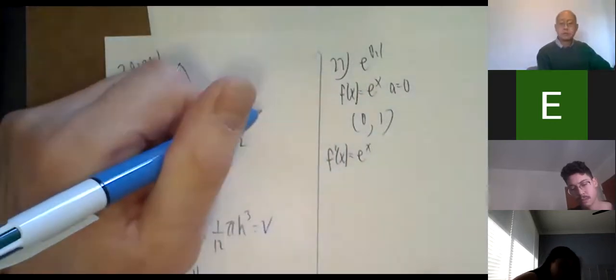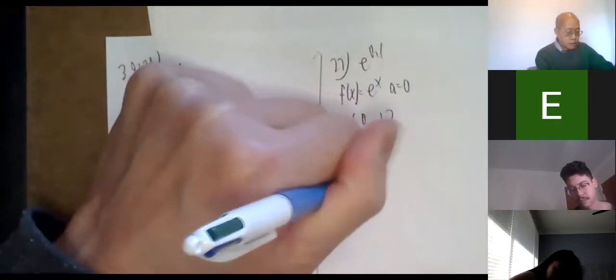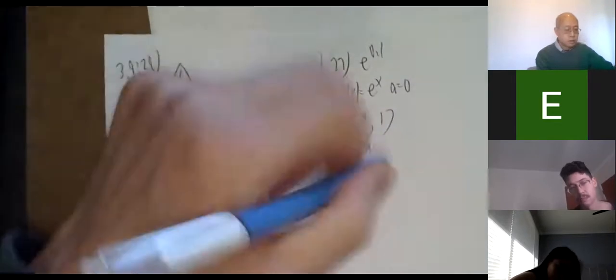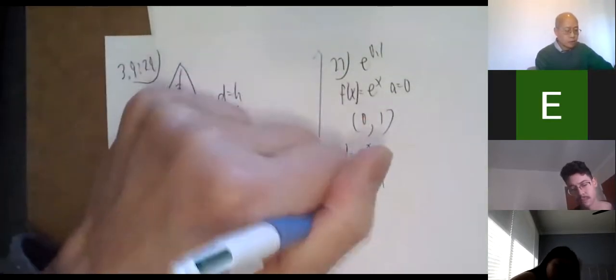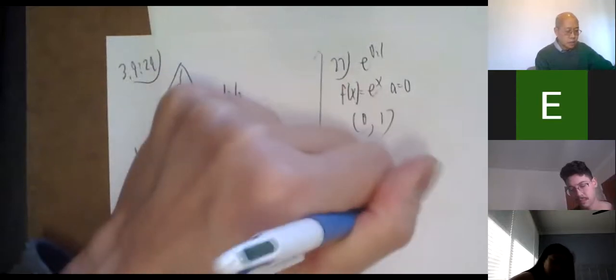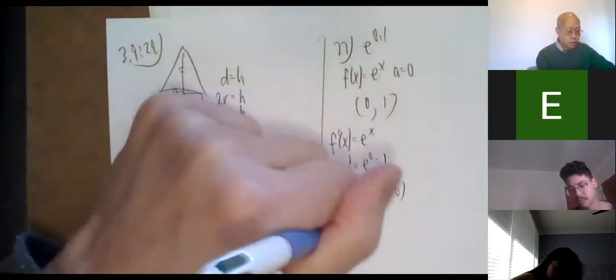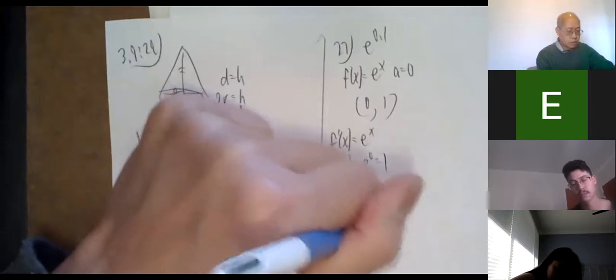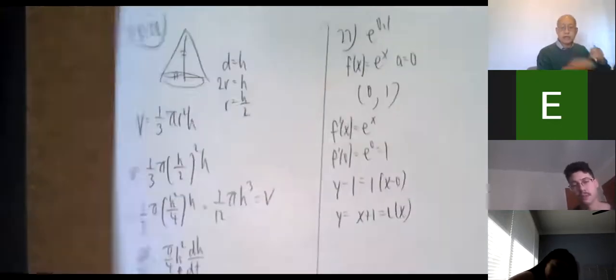Derivative is also e to the x. The derivative is 1. So y minus 1 equals 1 times x minus 0, or y equals x plus 1 equals L of x.